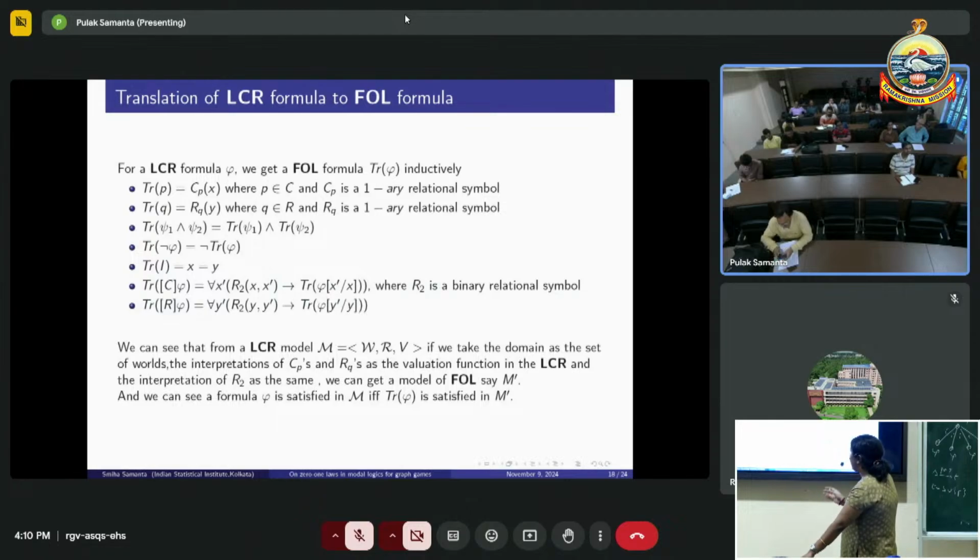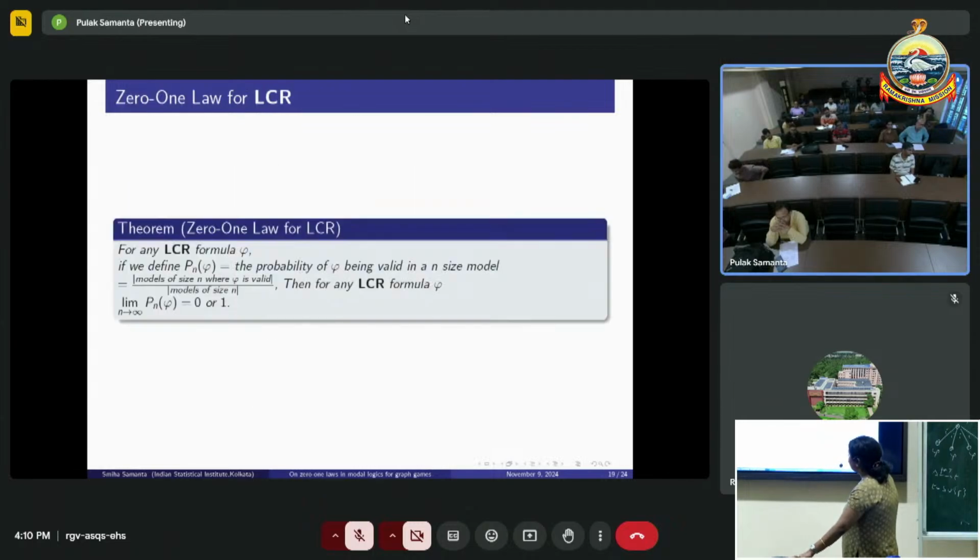A formula phi will be satisfied in the corresponding LCR model if and only if, for all x and all y, the translated phi is satisfied in the first-order logic model. And from this we can show that the 0-1 law holds in this logic of cops and robber.